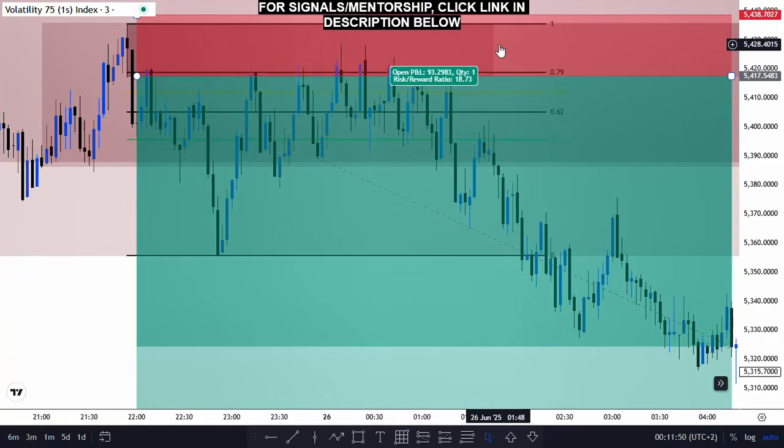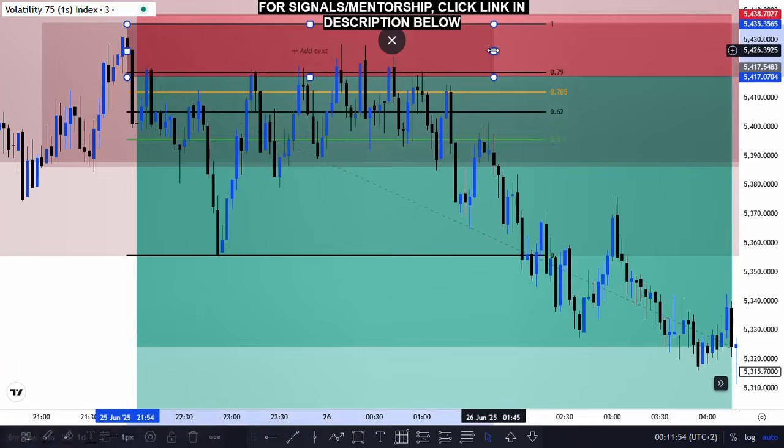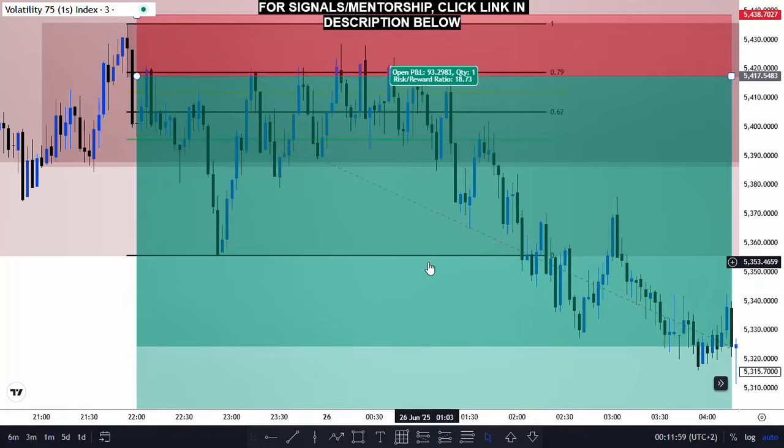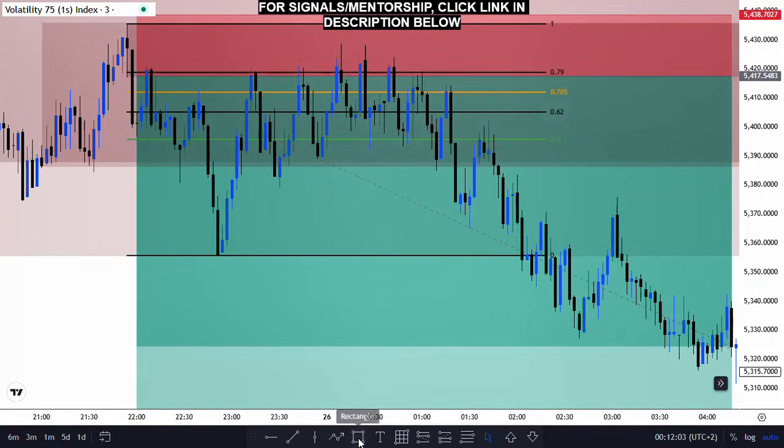Now, even if you didn't see that single candle order block, you can already see price started making its own single candle order blocks. You can see this one right here. When you see this, it's a good indication.